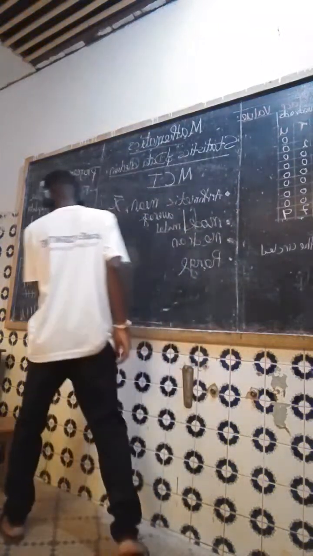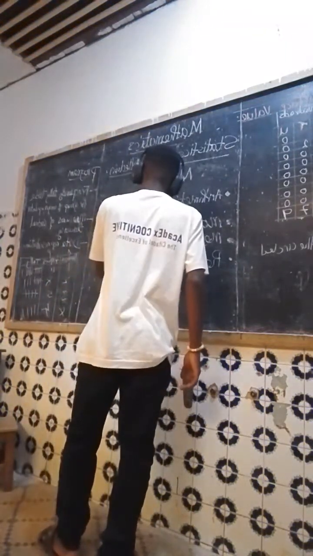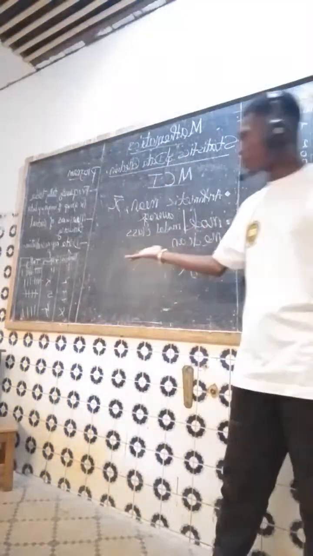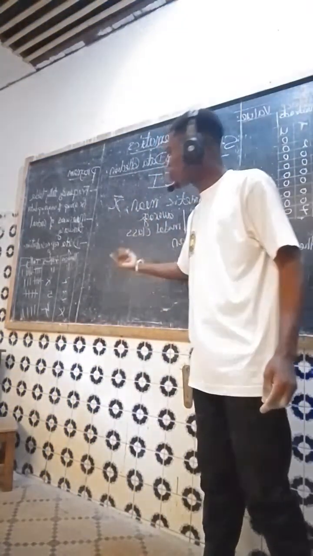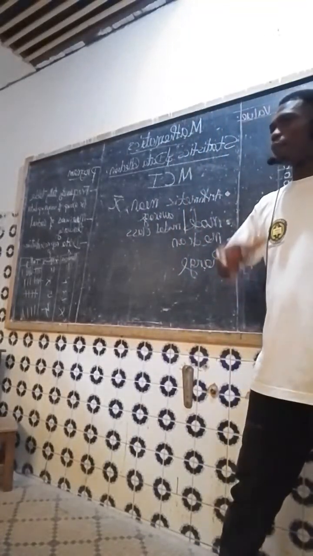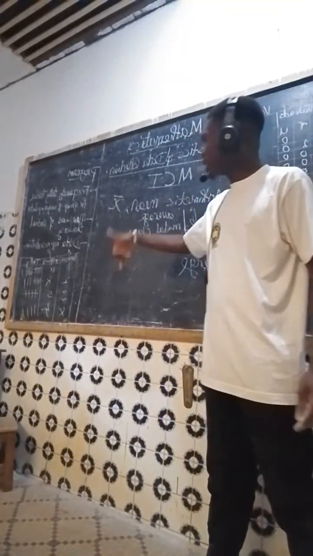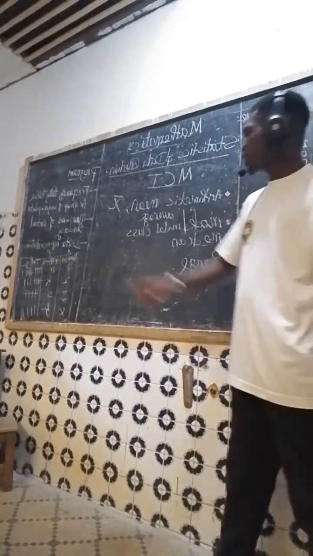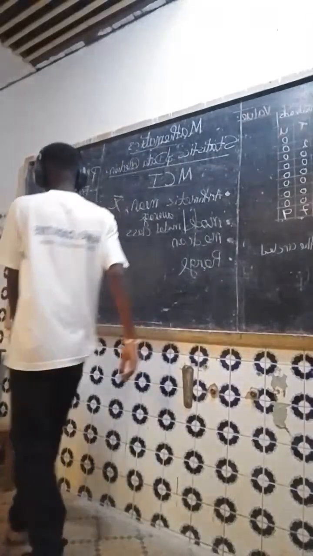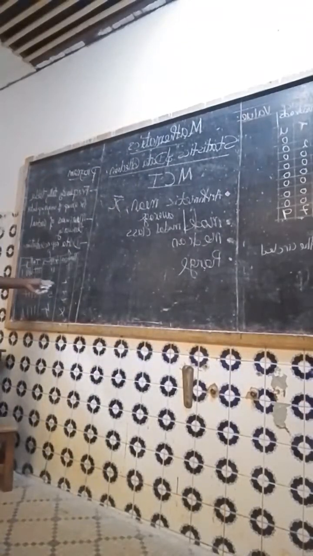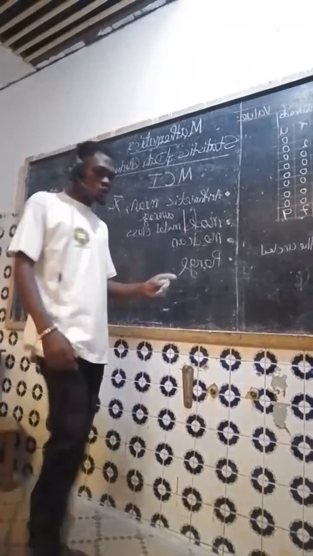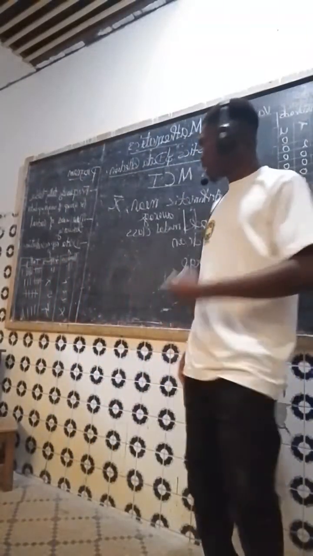What's the meaning of mode? We look for the highest frequency, but the highest frequency does not become the mode. The item, the data or the number with the highest frequency becomes the mode. In this distribution here, the highest frequency is 8 and corresponds to 2. So the mode here is 2. It is as simple as that.